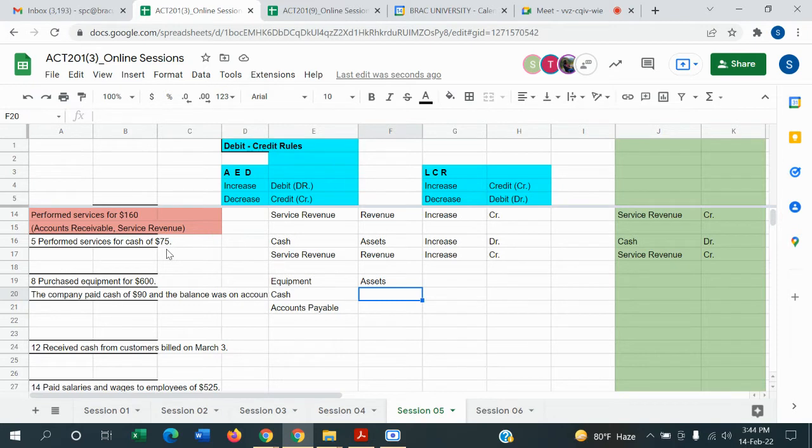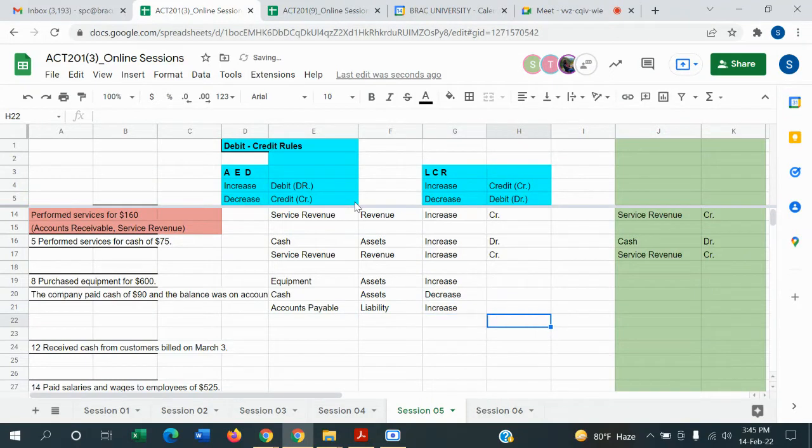Okay. So cash is also an asset. Accounts payable is a liability. Changes: asset equipment increase, asset cash decrease, liability increase.